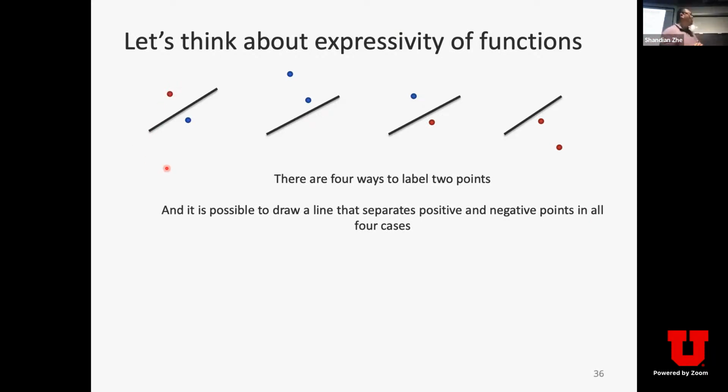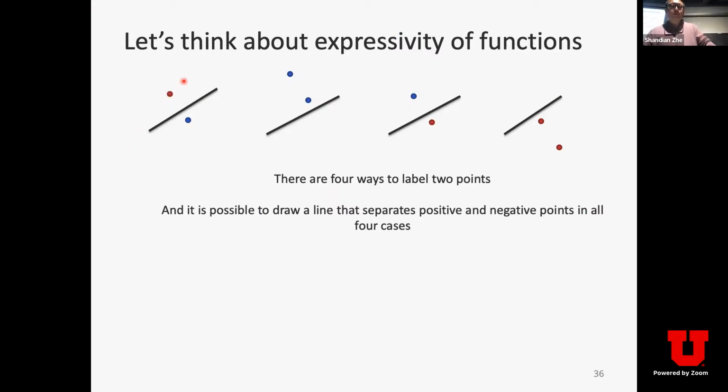Then we'd like to check the expressivity of linear classifiers. How do we check? For each possible labeling scheme, can we find a linear classifier which correctly classifies all the labels? Yes.